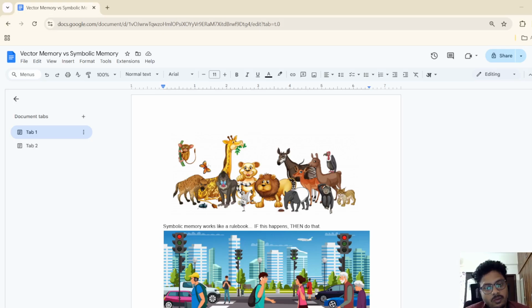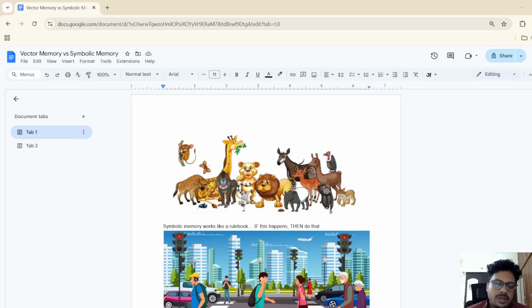So what is symbolic memory? Symbolic memory is the oldest and the simplest form of AI memory. Here the information is stored as symbols, rules, facts, logic statements. Think of it like a rule book.